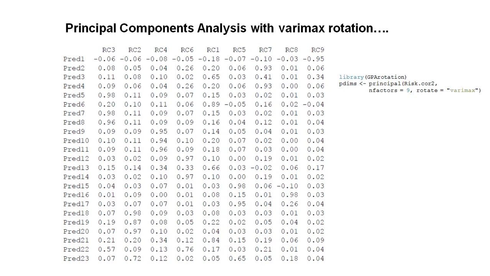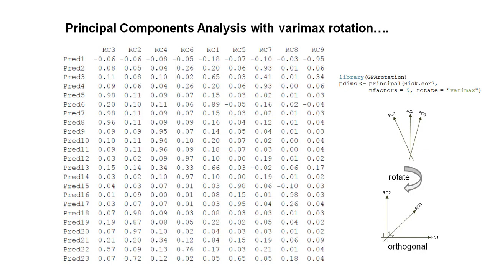Here we have the loading matrix following principal components analysis. The 9 components have been rotated so they are orthogonal to each other in a 9-dimensional space. Only the rotation of RC1 to RC3 can be illustrated here.